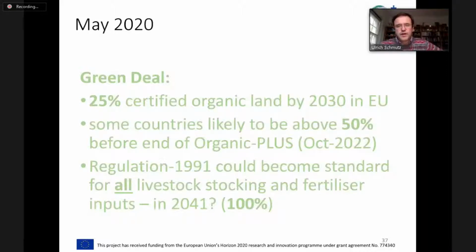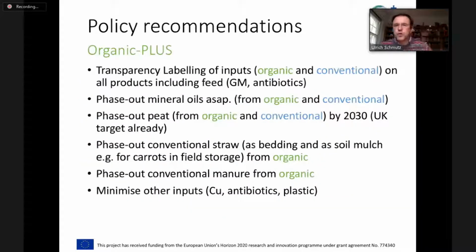That is so bad, and the stocking densities already defined in organic farming, and the connection between livestock and land, would really help to do that. So we also do policy recommendations, talking to the EU Commission. We had this meeting before they decided to go for 25, and I really think that they obviously listen in a way and provide a realistic pathway.